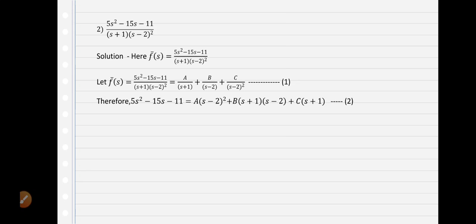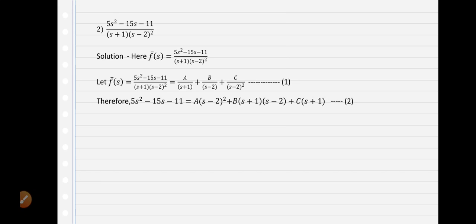Now we have to find the values of A, B, C by substituting different values of s as minus 1, that is from the denominator of A, and equal to 2 from the denominator of B, or we can say C. And here since the denominator is repeated for B and C, we have to take some different value of s.